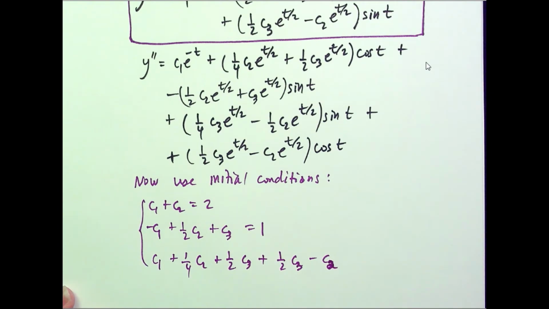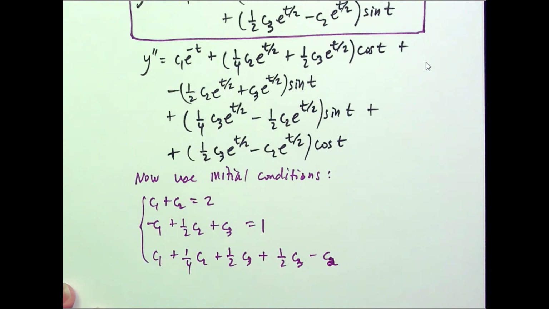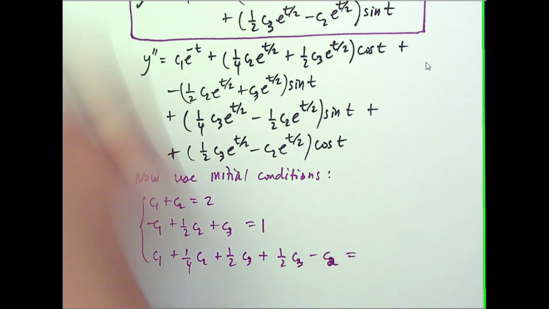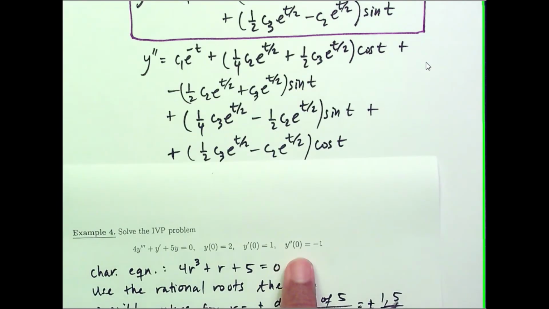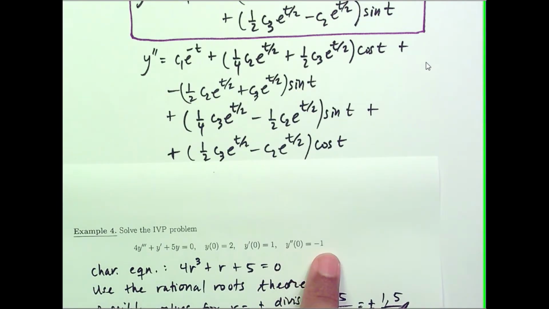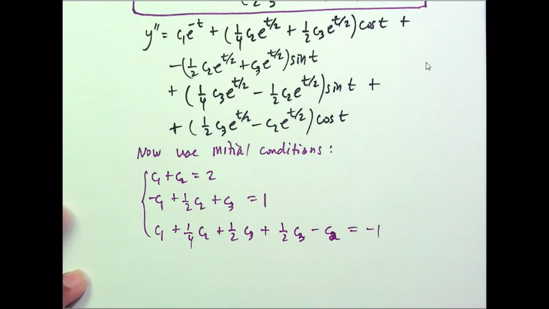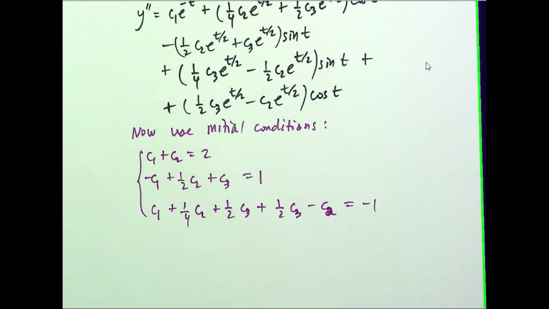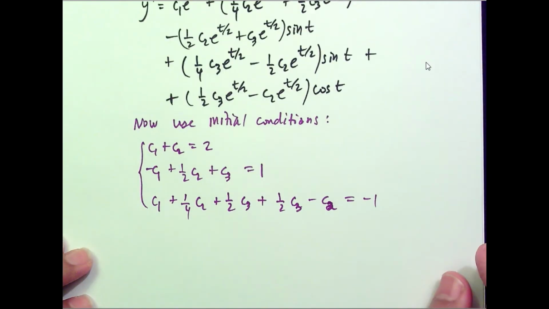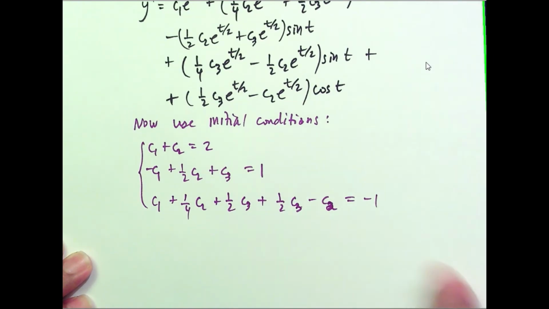Okay, now it's fixed. 1/2 c3 minus c2, and what did they tell us that's supposed to be? When you plug in 0 in the second derivative, you're supposed to get -1. Okay, and that's our system. We have to solve this. We're going to clean this up in order to solve it.